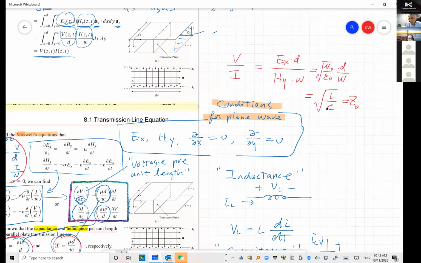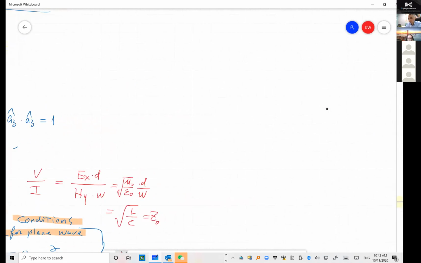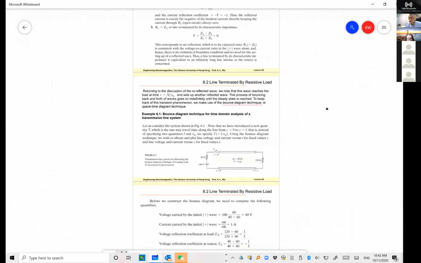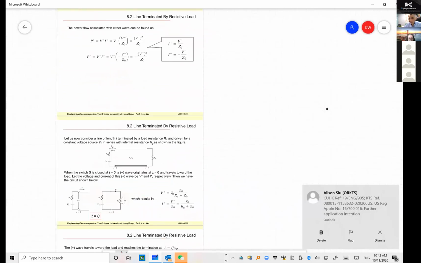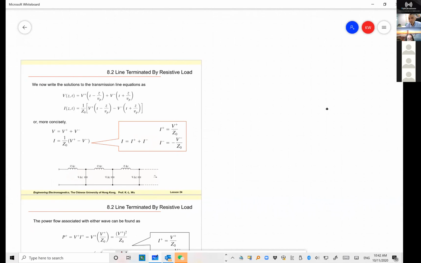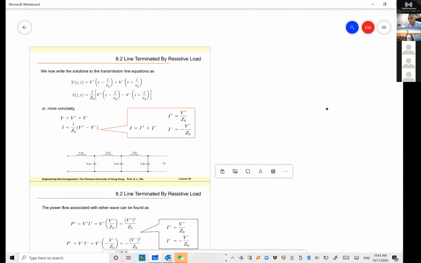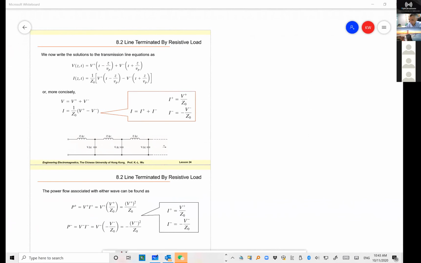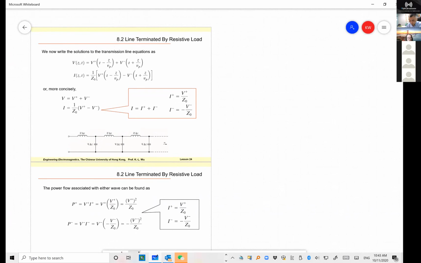Okay, now let's carry on. We know the voltage and the current follow this relation, because voltage and current satisfy the wave equation.